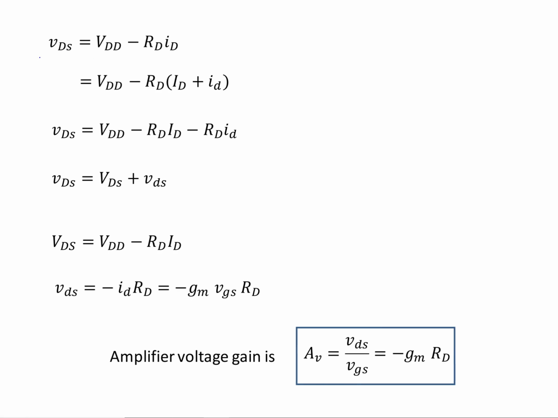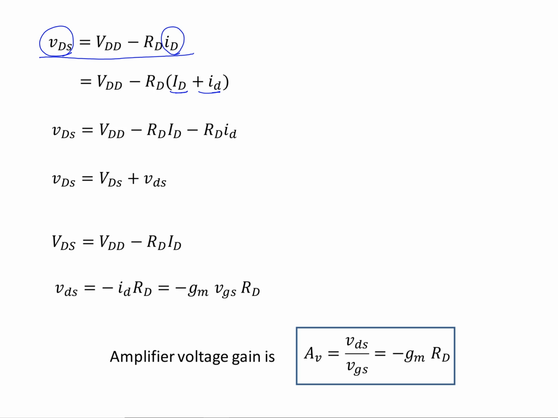Using the drain to source KVL, I have VDS equal to VDD minus RD times ID, and this is the total instantaneous current, and this is the total instantaneous drain to source voltage. I was able to approximate ID with a DC part plus an AC part under the small signal approximation.